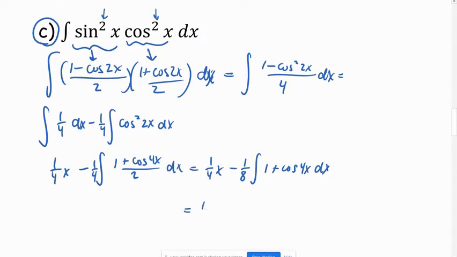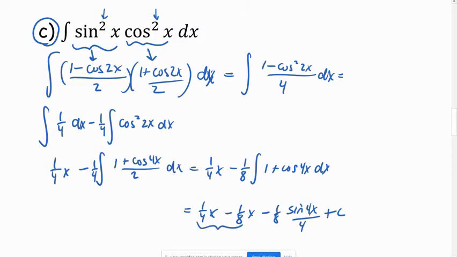So this is 1/4 x minus 1/8 x minus 1/8. This would be sine of 4x over 4 plus c. And that should be it.